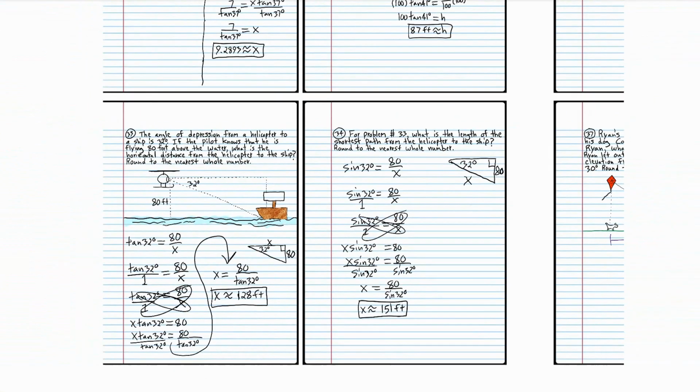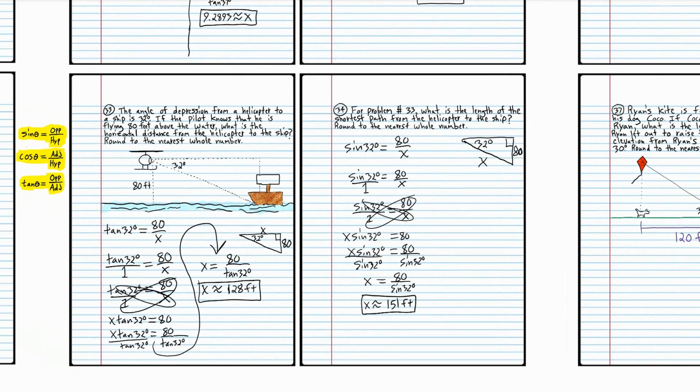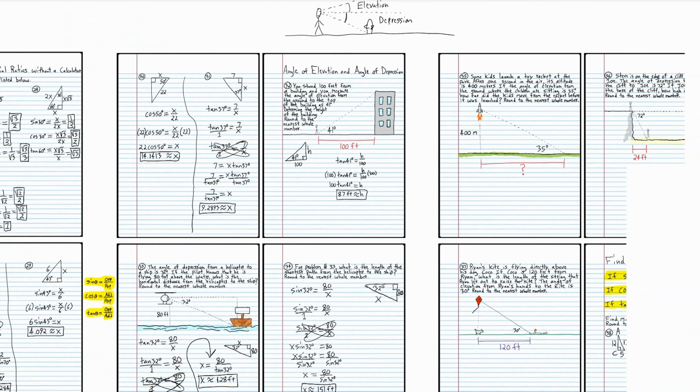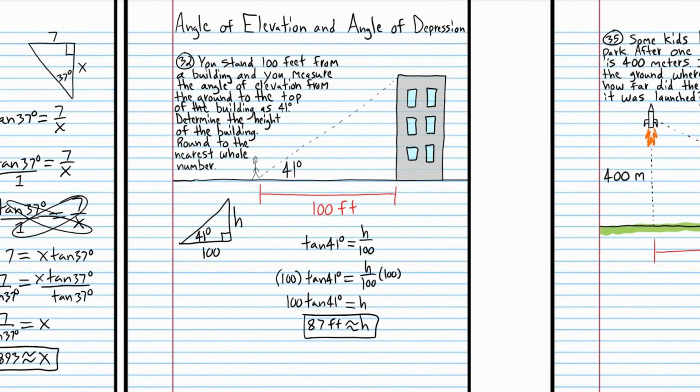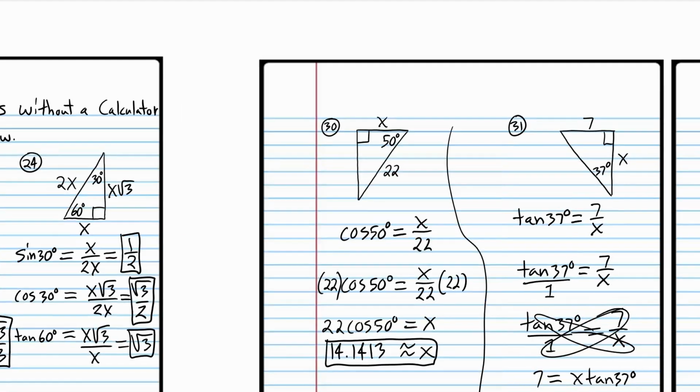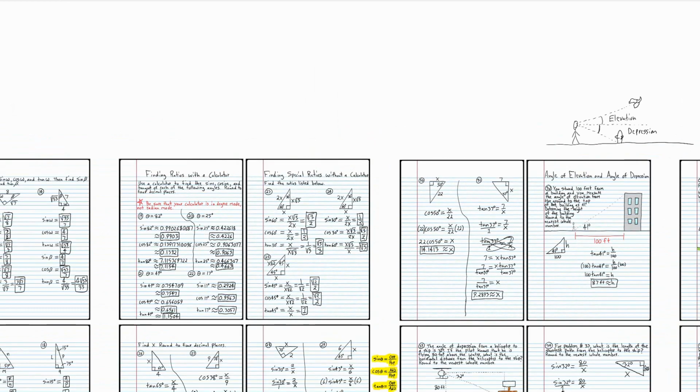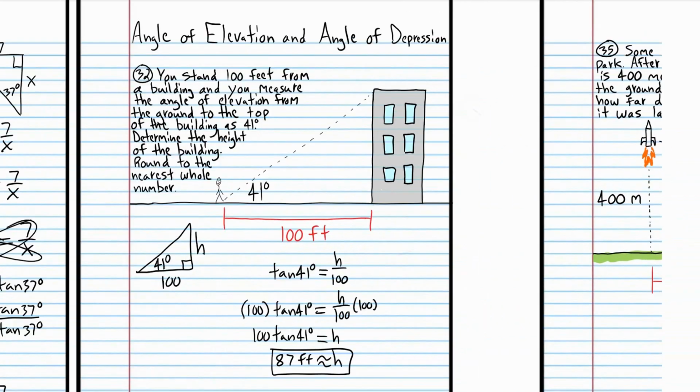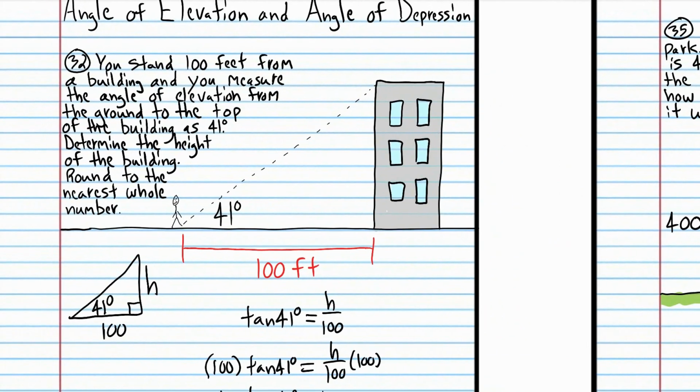So those are some real-world applications of trigonometry, which again studies the relationships between angles and sides of a triangle. Why would we use this? Well, what if you couldn't go up to the top of the building? Then you couldn't measure the height of the building.